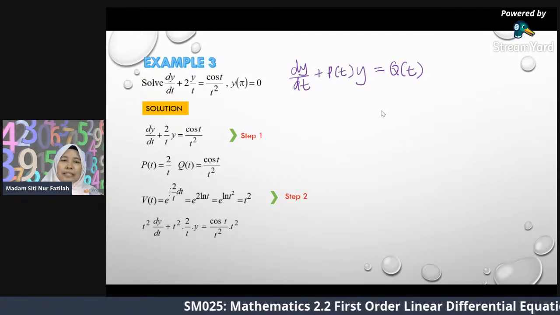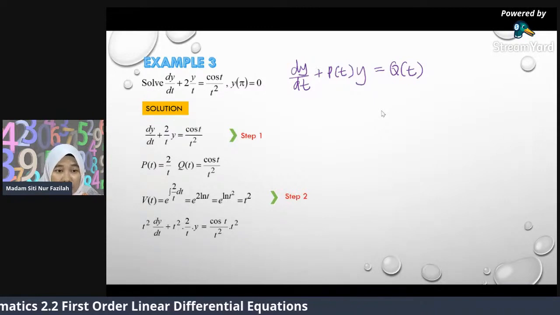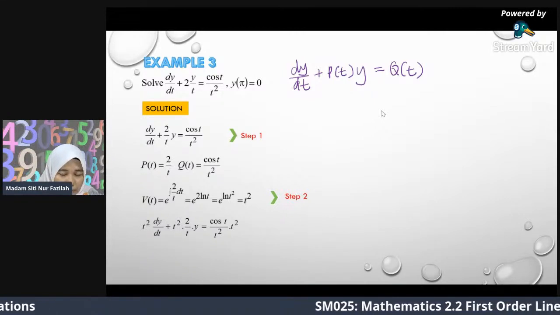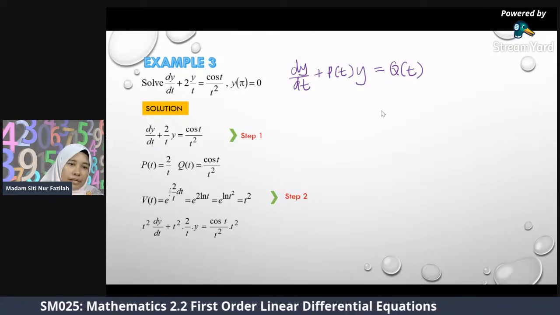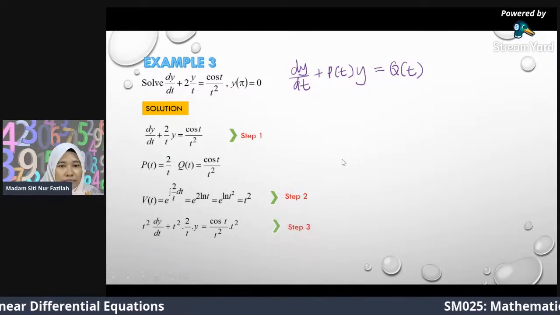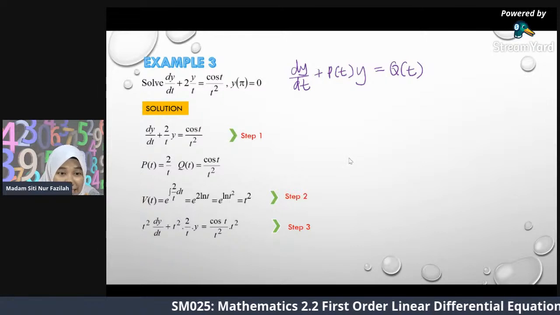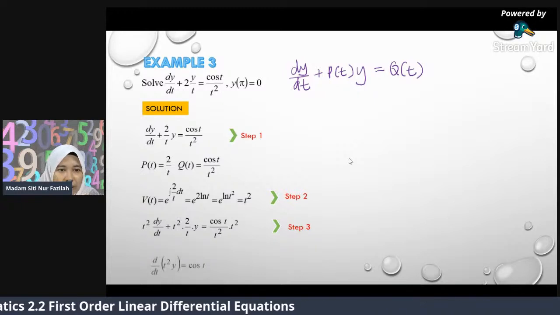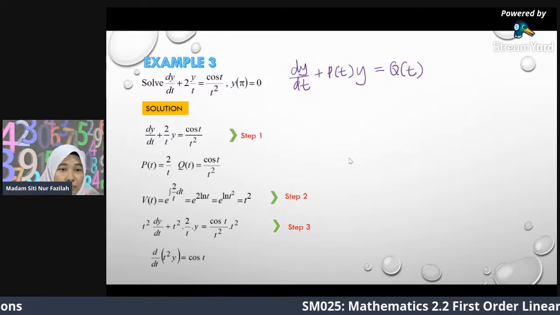Step 3, we multiply t square with step 1. That's why we get t square dy over dt plus t square multiplied with 2 over t y equal cos t over t square multiplied with t square. This is step 3. For step 4, we must write d over dt, not d over dx: d over dt of v(t)y.